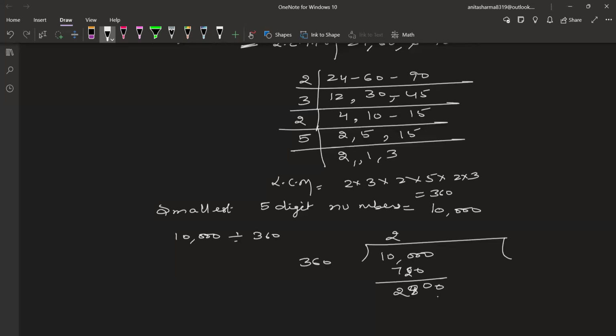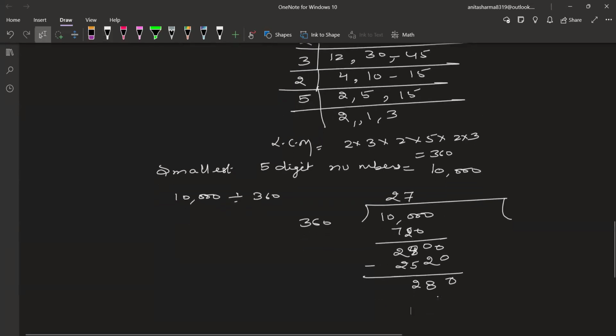Now it will go how many times? 7 times. So 7 6s are 42, 7 3s are 21 and 4 is 25. Minus, then 0, 8, 7 minus 5 is 2, 280. Right, beta? So remainder is your 280.